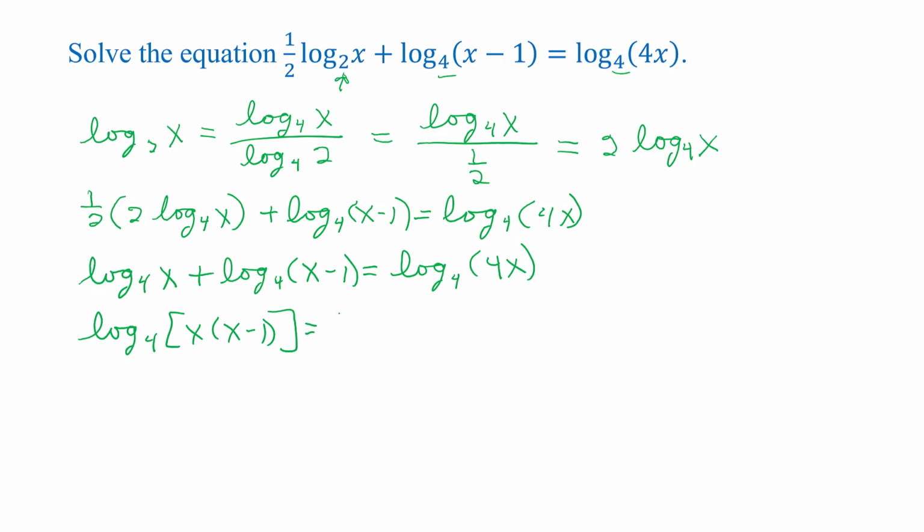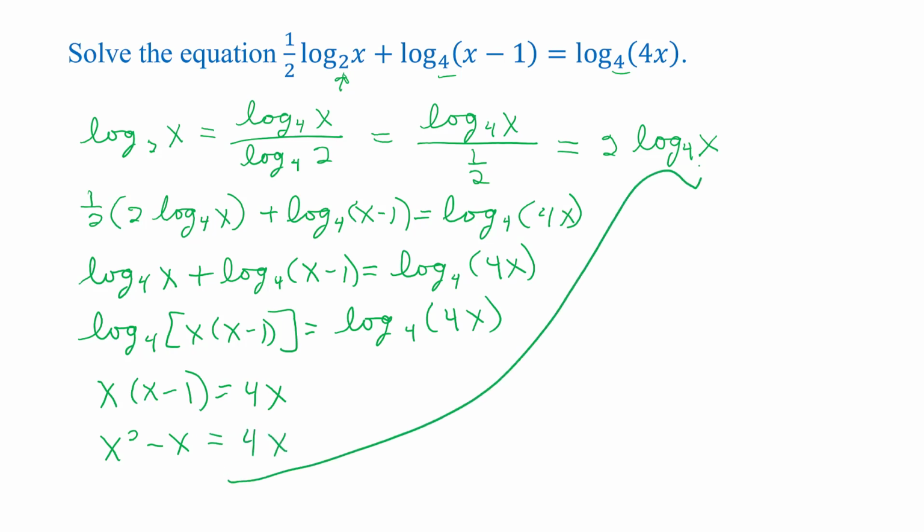And at this point, we have our equation in the form log to the base b of u equals log to the base b of v. So we can set x times x minus 1 equal to 4x. And from here we have x squared minus x equals 4x. We need to subtract 4x from each side.